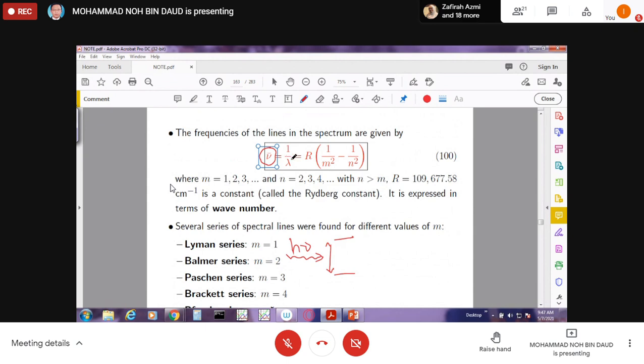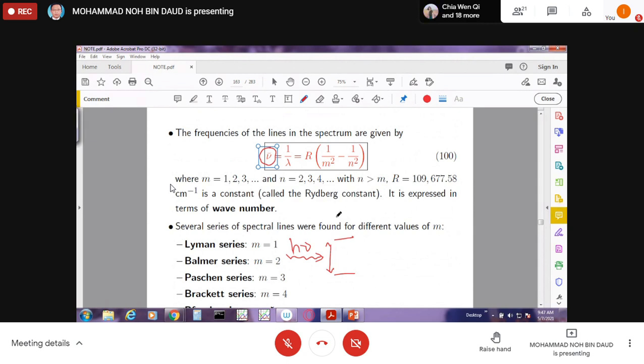You can change the frequency to the wavelength, so in the spectra you can read frequency, wavelength, or wave number. This can only be found from the difference between two energies.